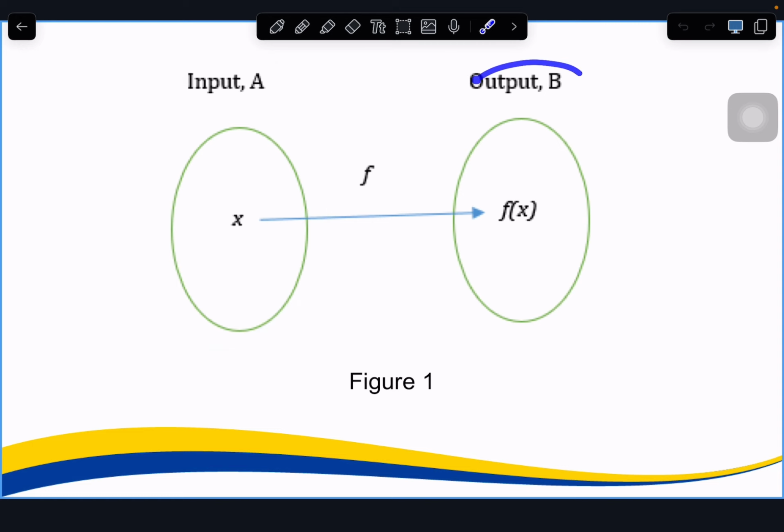So what do we call the output? Codomain, yes, correct. What else?